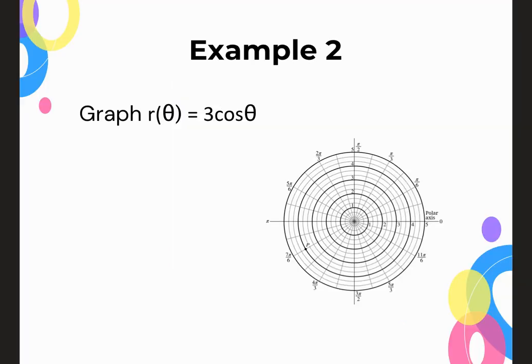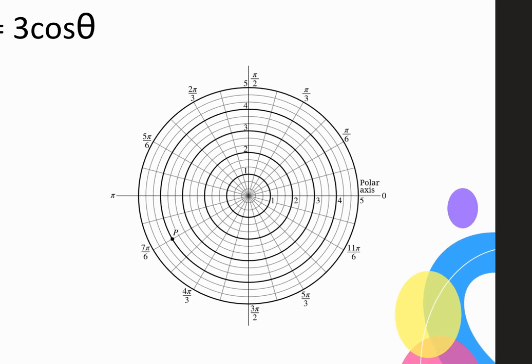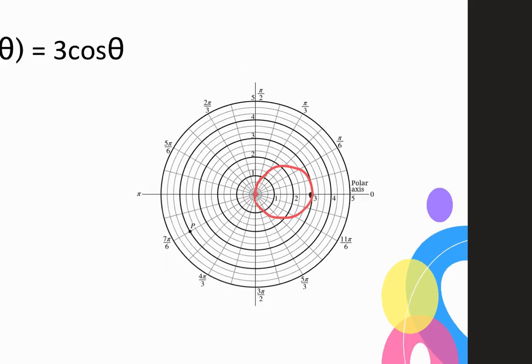All right, so then we did this one, right? We said that this would have been a circle. We said it's cosine, which means it goes to the right, and it has a diameter of 3. So I would literally just plot my diameter at 3, and I would make the best circle I could, okay?